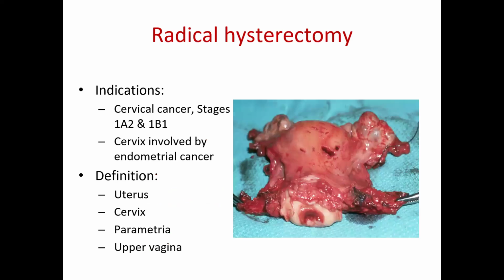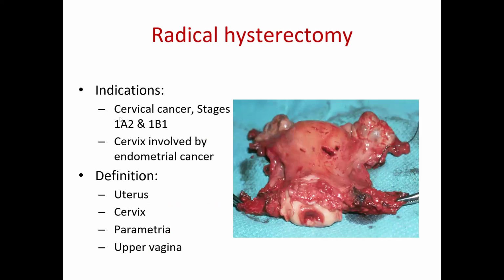Moving from AIS now to cervical adenocarcinoma. I remind you that for endocervical adenocarcinoma, typically they will perform the radical hysterectomy surgery. This is what you receive, and we call it radical hysterectomy. When do they do radical hysterectomy?